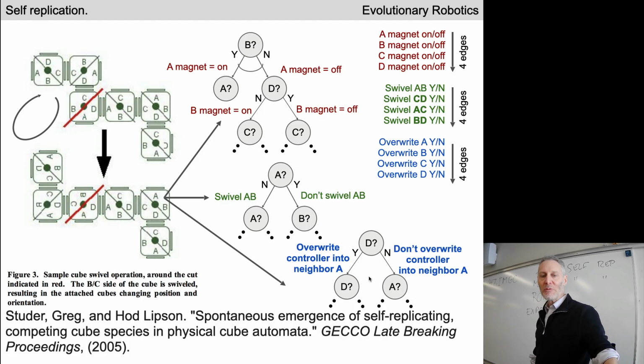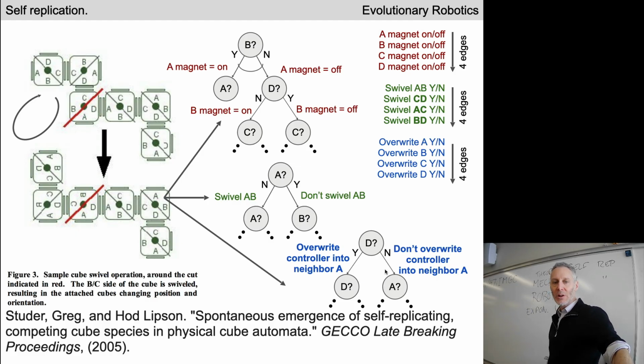The third and final tree, exact same thing. A tree of depth 4, label the nodes randomly, label the edges randomly, and then as you descend through the tree, take these 3 controllers and attempt to overwrite the 3 controllers in your neighbor.